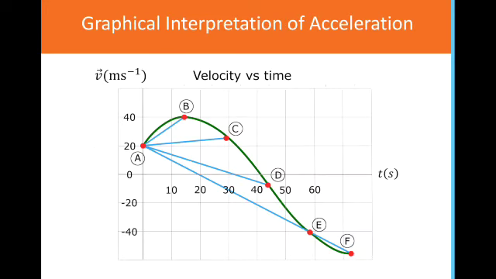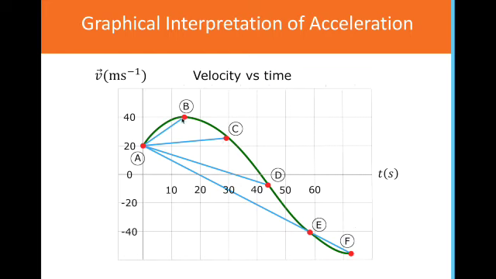We're going to be dealing with a lot of that in the future. So here is a graphical interpretation of acceleration. Now you would remember this curve, we had it previously, but then we had it as a function of displacement. Now we have it as a function of velocity versus time. Here, once again, your velocity increases from 20 meters per second to 40 meters per second, and you have a positive average acceleration because there's a positive change in the velocity.